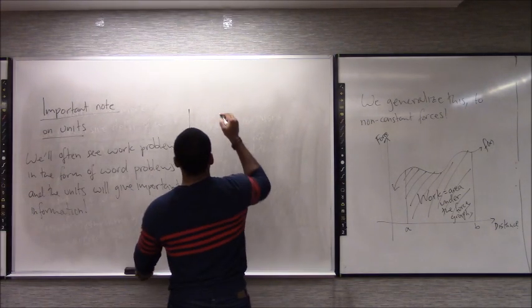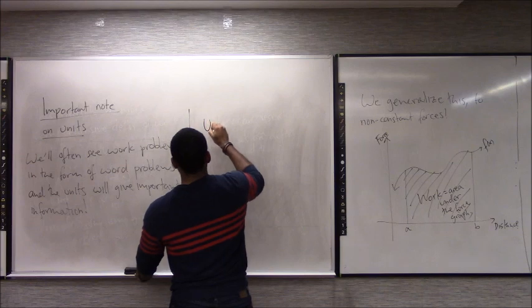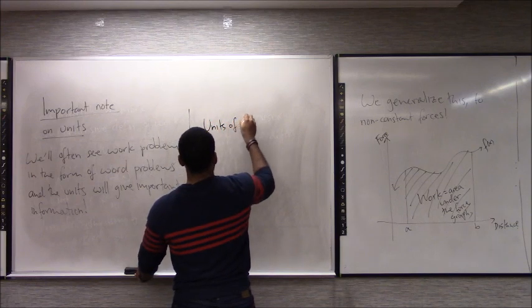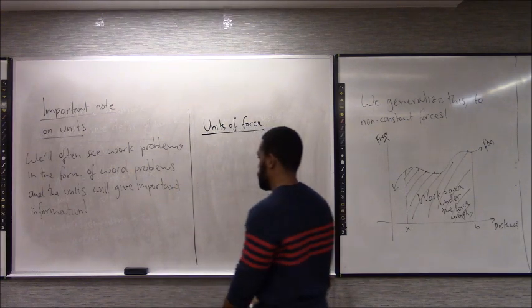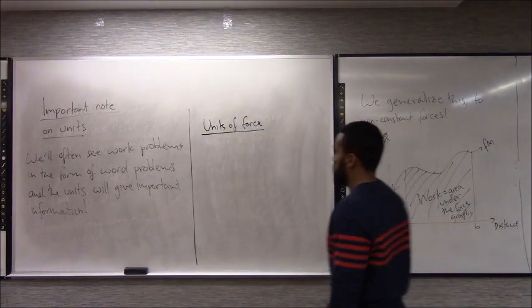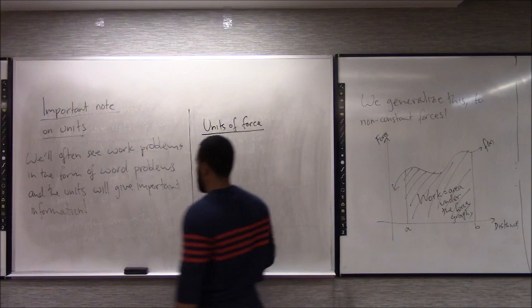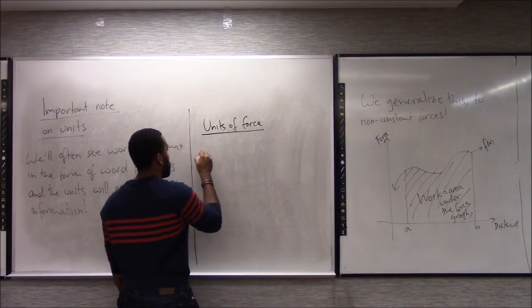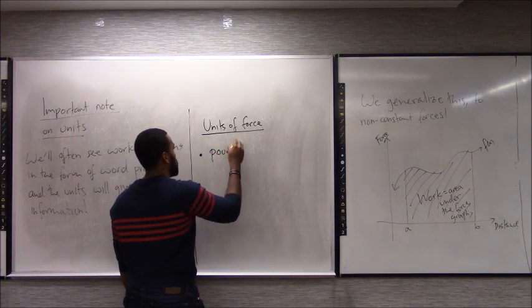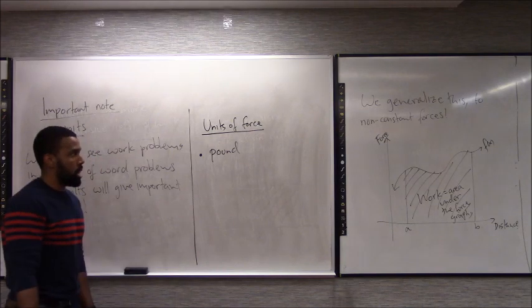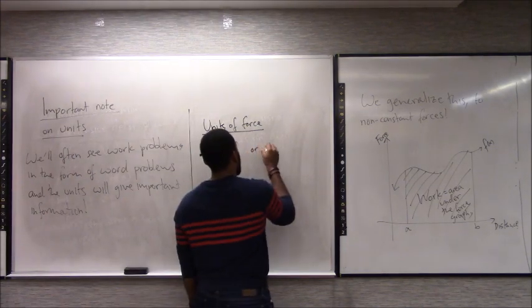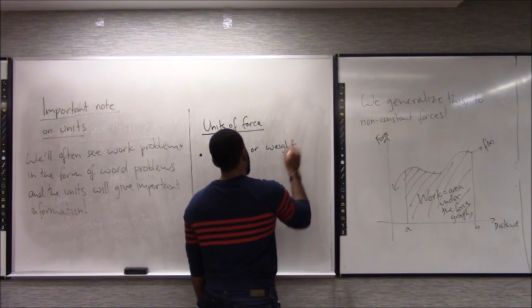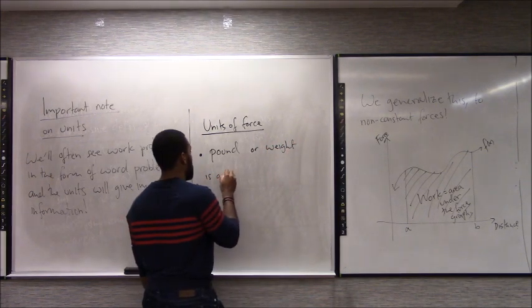So, let's talk about units of force. I'm going to give you one, a pound. Pound is a unit of force, right? Pound, or weight as we might call it, is a unit of force.